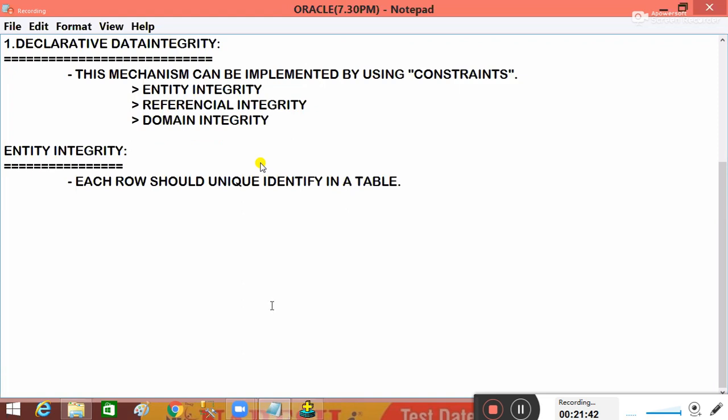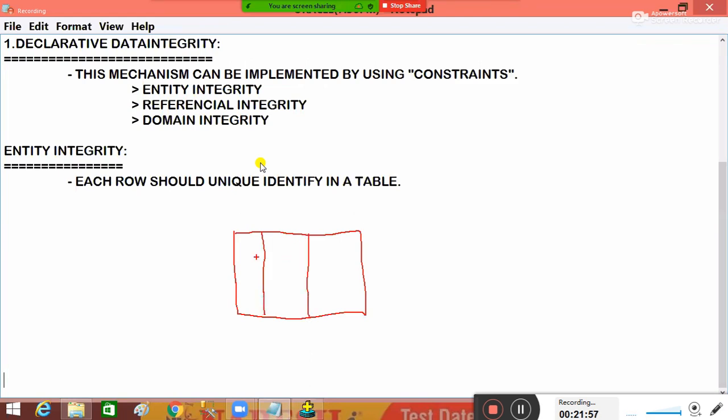For example, now this is your table. In the table, I prepared some columns, guys, and the table name is, for example, T1. Some columns are there like serial number, name, and suppose salary.